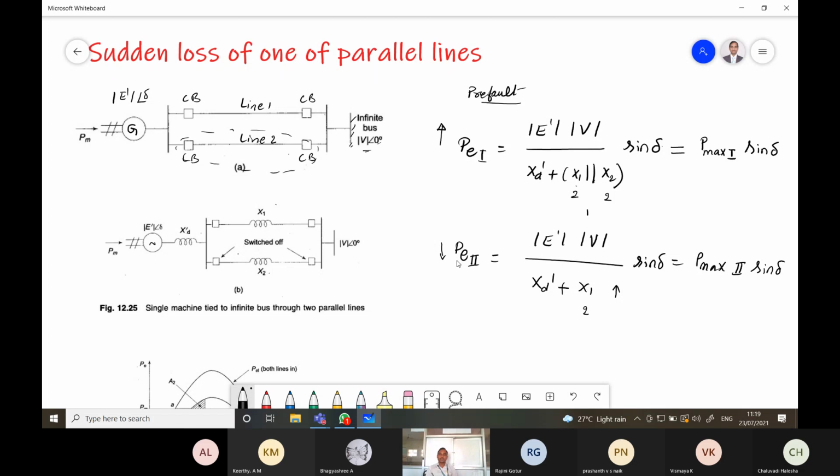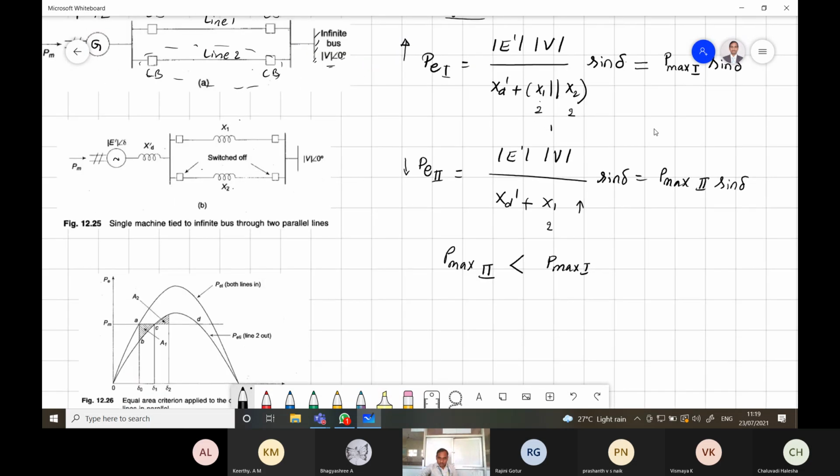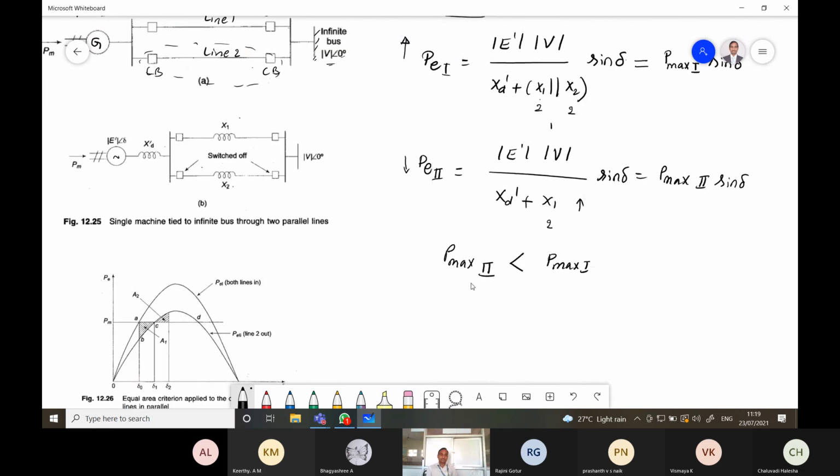Comparing PE1 and PE2, P max 2 has a lesser power transfer compared to P max 1. And what about the reactances? What is the reactance of P max 2? This one is the reactance of P max 2.